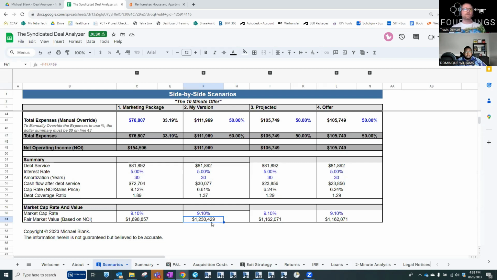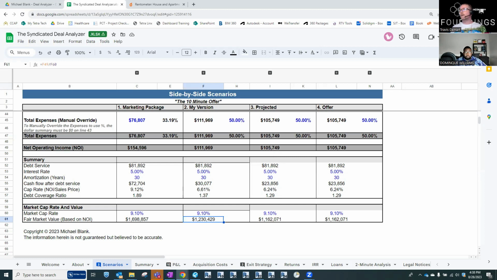And a couple of the different things that we would want to throw out there if we decided to put an offer on this property is, we could talk to the broker or the agent or the seller and say, based on my experience when I've looked at other properties in the area, they're at a 50% expense rate.